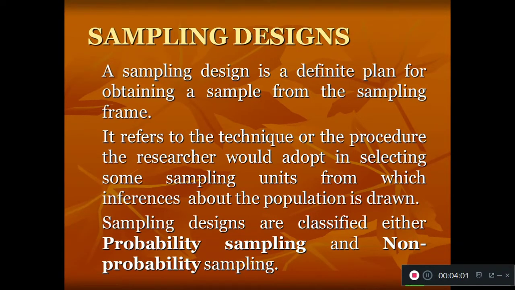So sampling design is the technique or the procedure the researcher adapt in selecting some sampling units from which inferences about the population is drawn. By using the sample, we are going to understand about population. By doing the study, we are going to make the inference. Sampling designs basically classified as probability sampling and non-probability sampling.